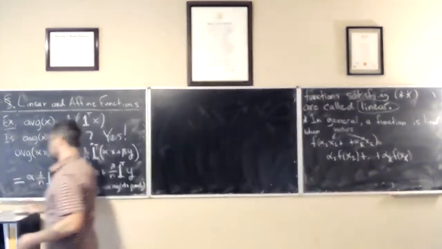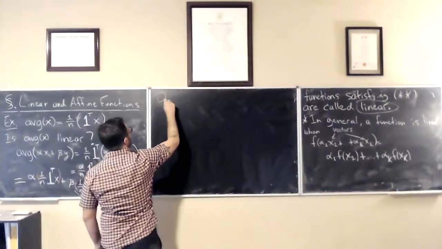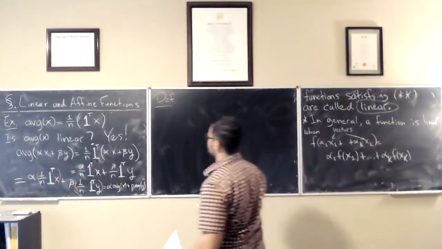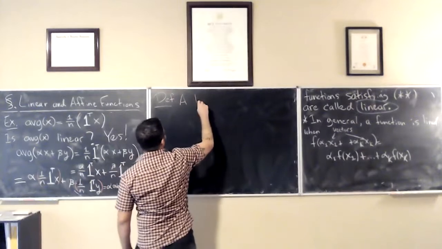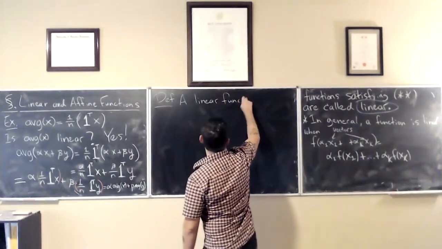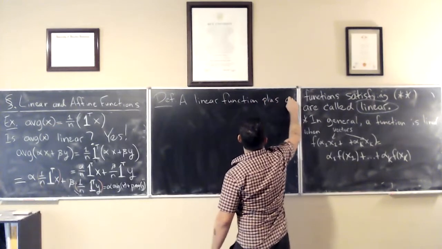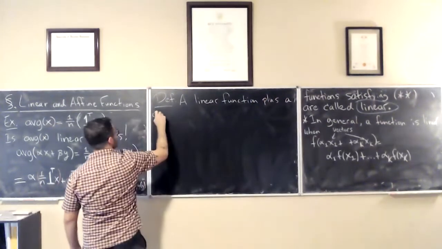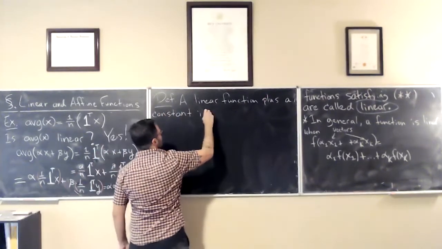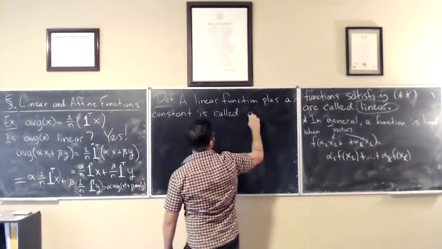What is next? Oh, our definition. So a linear function plus a constant is called affine.